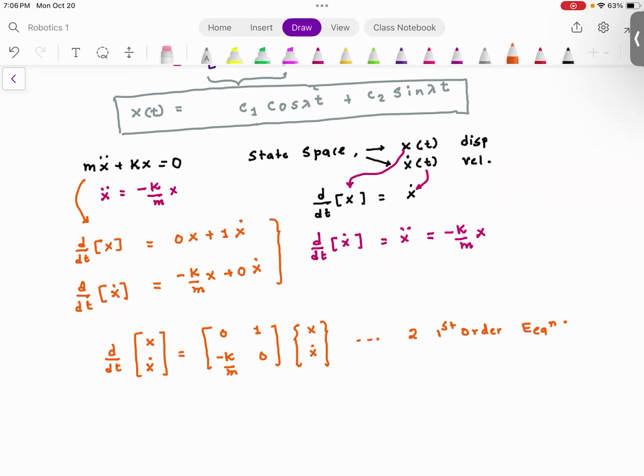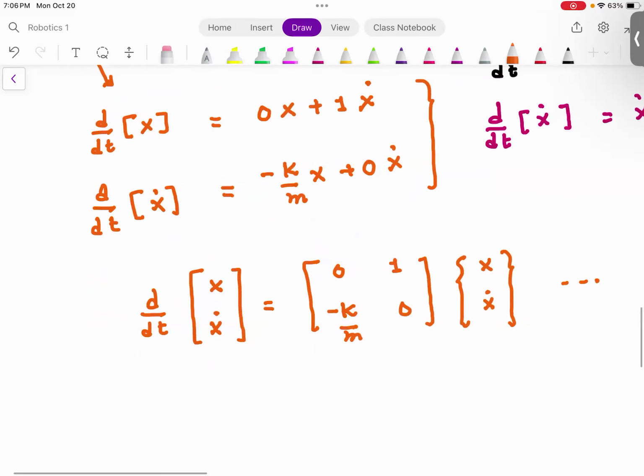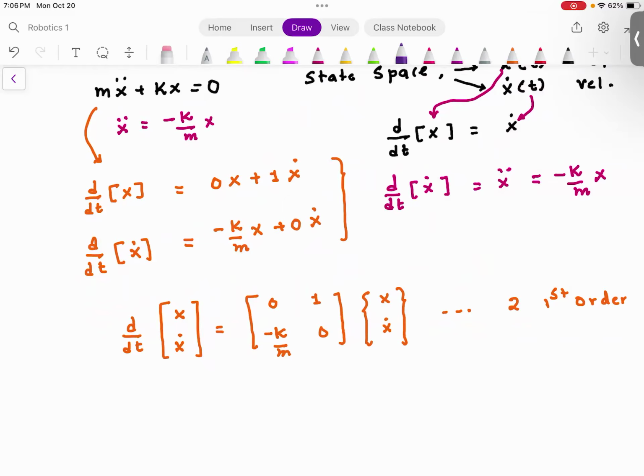Everyone understood this? So your equation is now written in the linear algebra form, x hat dot is equal to A x hat, where x hat is nothing but [x, x dot] transpose. So what you have is this matrix equation. Agree with me? Now here comes the problem. How do we solve a matrix equation?